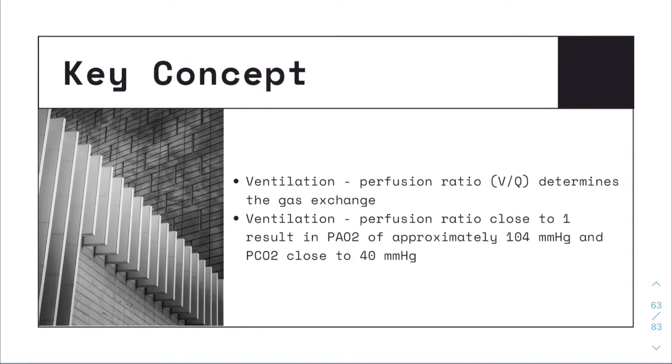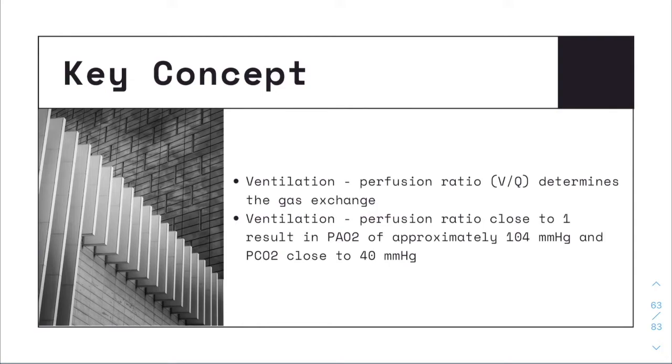Okay, so let's try to review. Ventilation perfusion ratio determines gas exchange. So you have to match ventilation and perfusion at the alveolar capillary level. The ideal VQ ratio is close to 1.